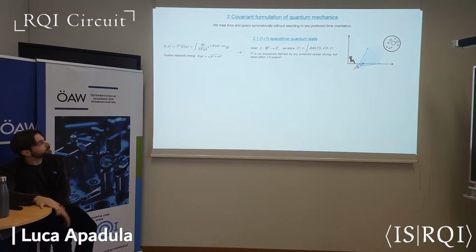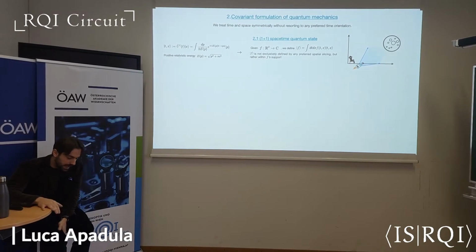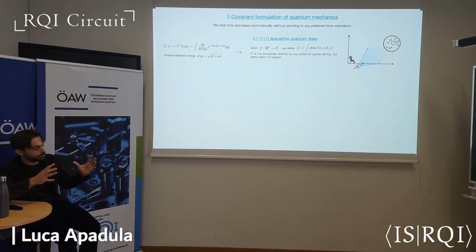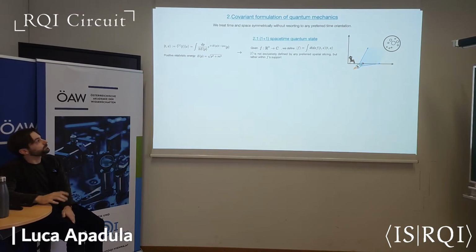It's a bit different, but basically very much alike. In order to avoid referring to any preferred notion of time frame, we wanted a picture where time and space are treated somehow symmetrically, to better fit the requirements of Lorentz symmetry.